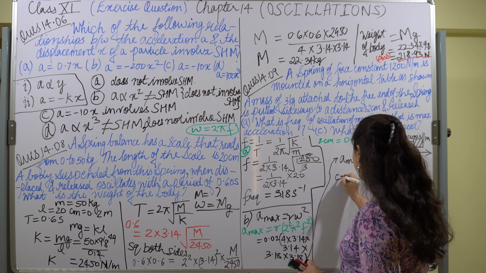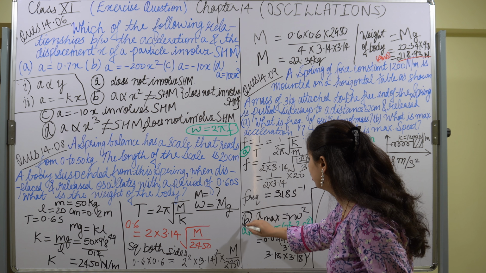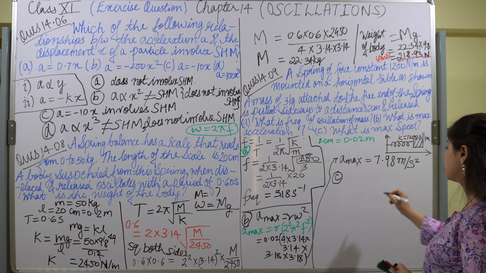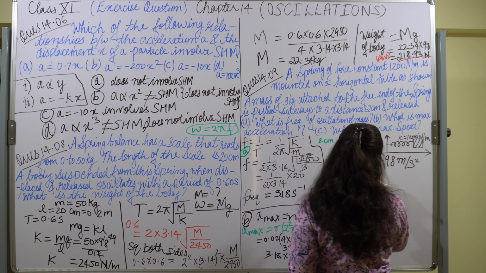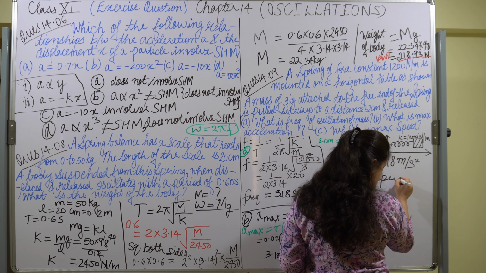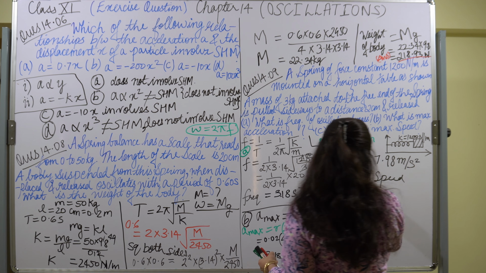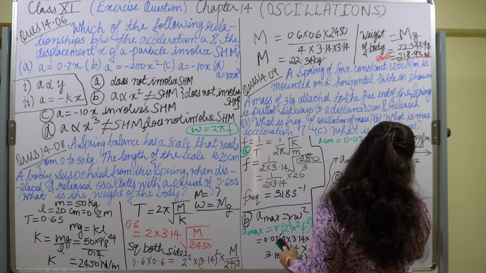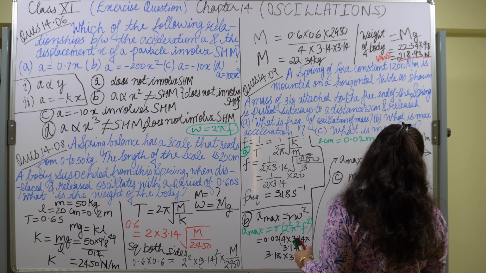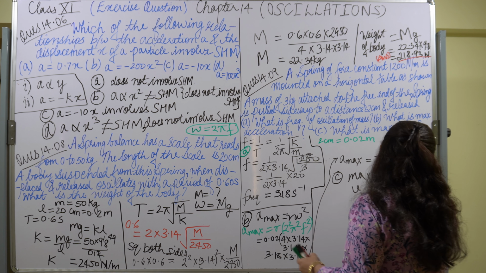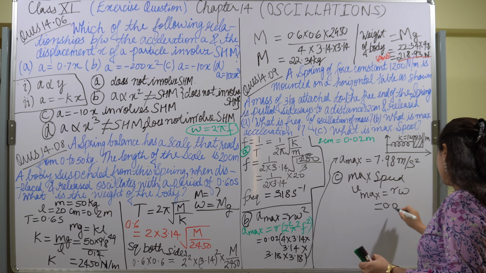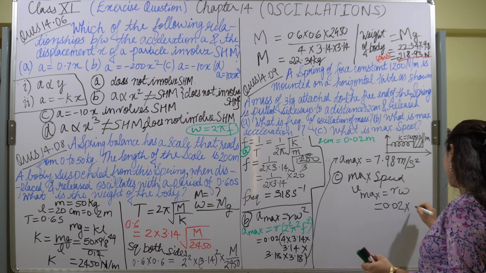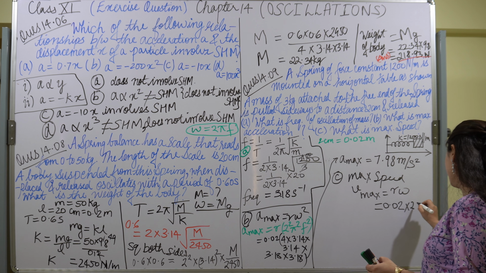Now the C part. In the C part, we need to find the maximum speed. So maximum speed V max is equal to r omega. R is equal to 0.02, and omega we substitute as 2 pi f.